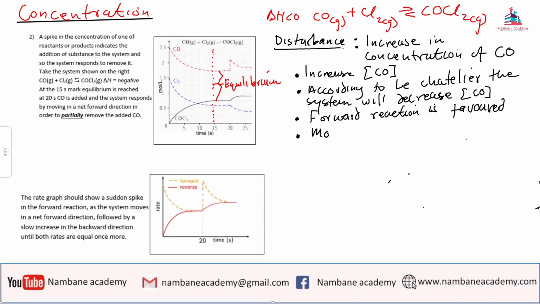It means now concentration of COCl2 increases. Because we spoke about increase decrease yesterday, let me just use what we agreed on using. There we go. Then it basically says we understand the application of Le Chatelier's principle.